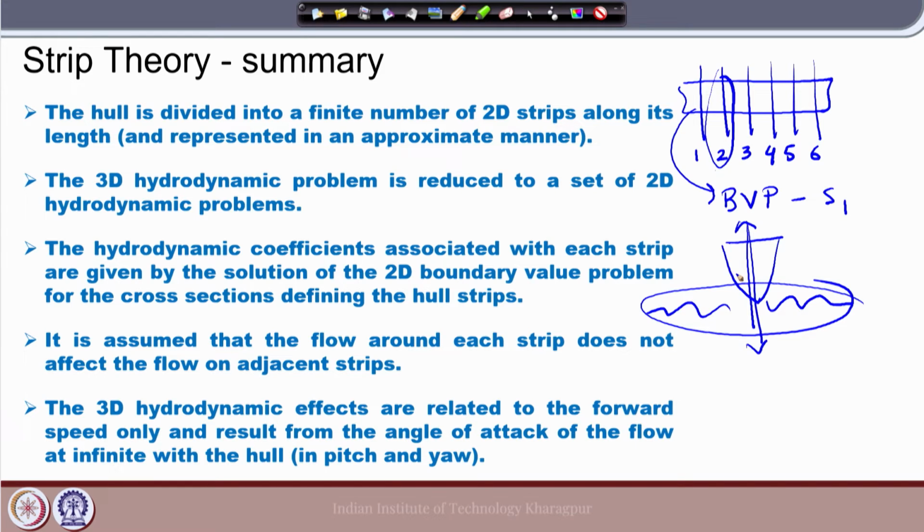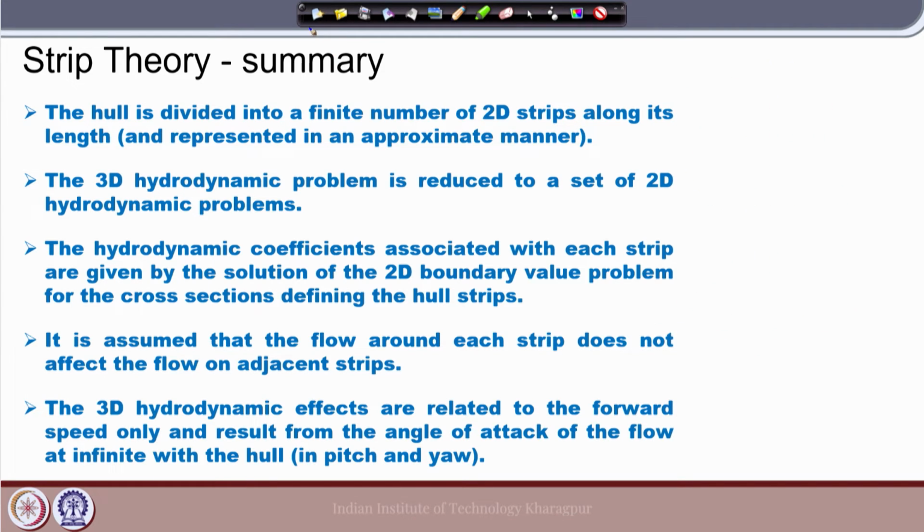So, what I am trying to say is as follows, when I am solving the boundary value problem BVP for the second strip, there must be some effect that comes from the first strip, but we assume that there is no effect.